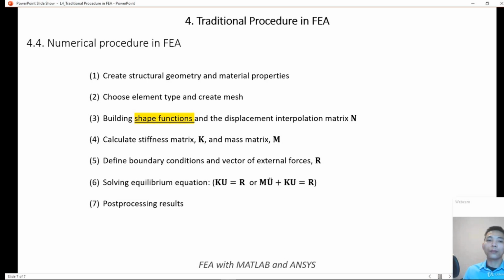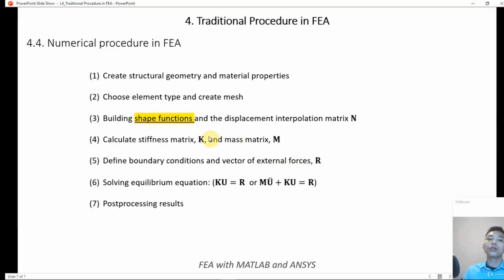then create the mesh. After that, based on the element type you choose, you will calculate the shape function, and then when you get the shape function, you will obtain the displacement interpolation matrix N. Up to here, you can easily calculate the stiffness matrix K and the mass matrix M. After that, you go to the next step, which is to define boundary conditions and also define the external force that you want to apply on your structure.